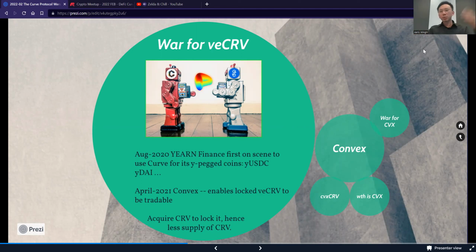So this presentation is about the Curve wars, right? Originally it is a war for VECRV to get governance rights over where the money goes in the system. In August 2020, Yearn Finance, another type of DeFi protocol, which is a yield aggregator, meaning you dump in your USDT or USDC and then earn interest over time, wanted to grab more VECRV.